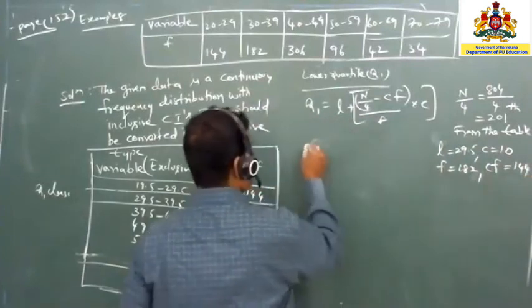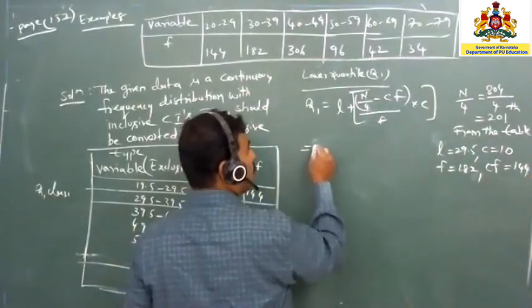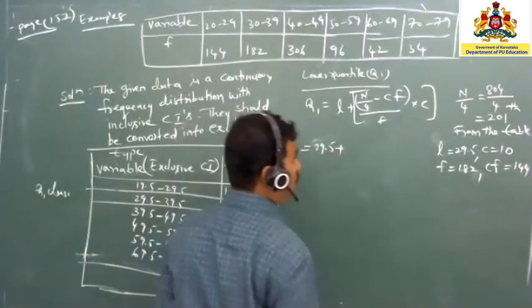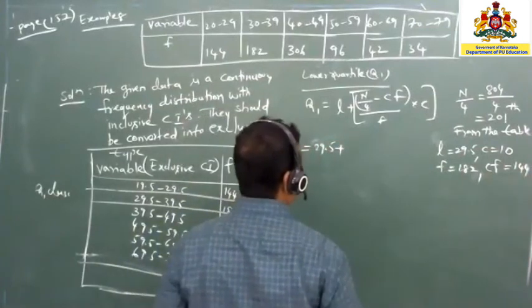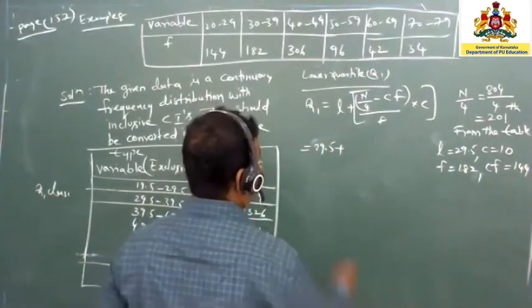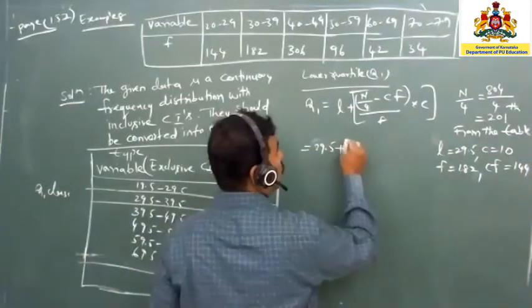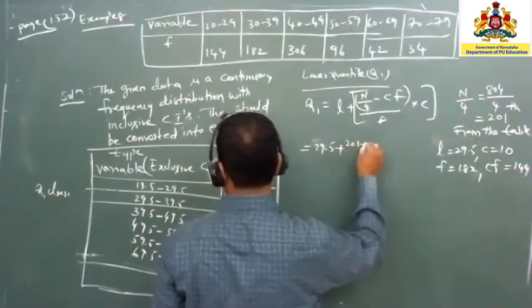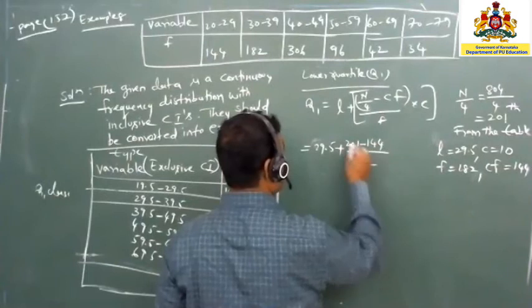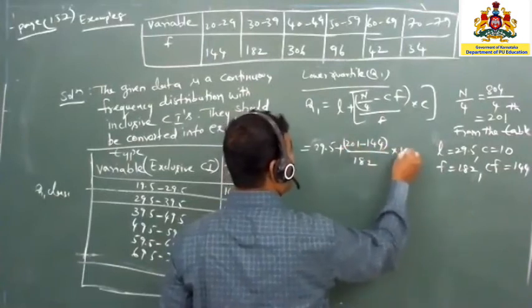Substituting: 29.5 plus (201 minus 144) by 182 into 10.